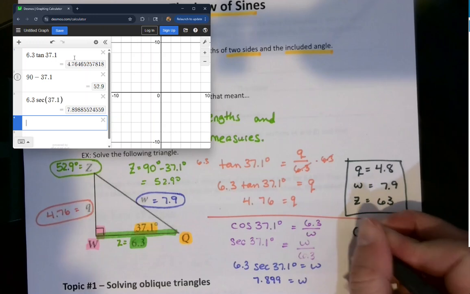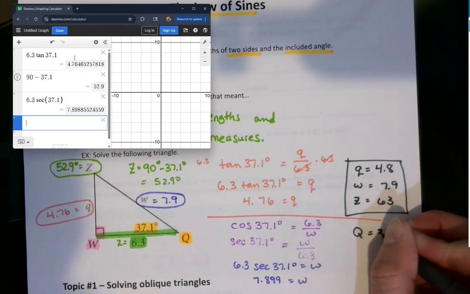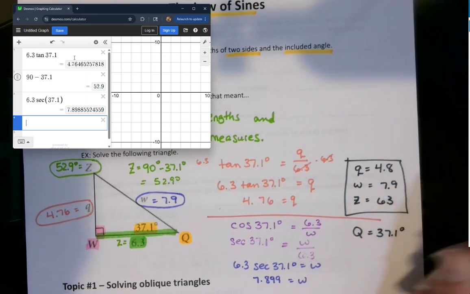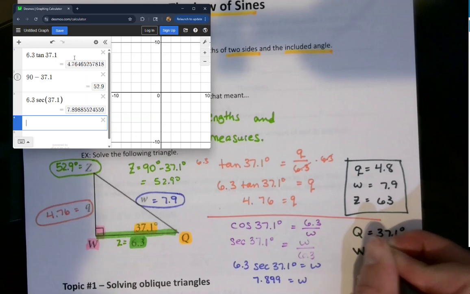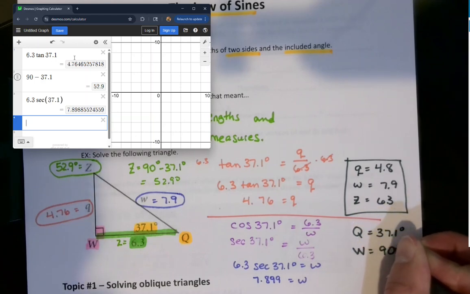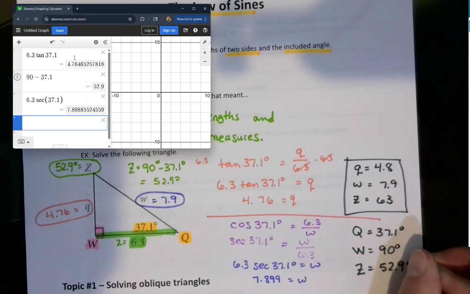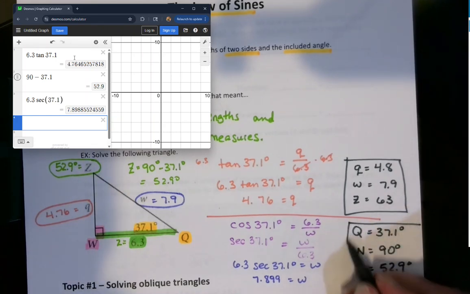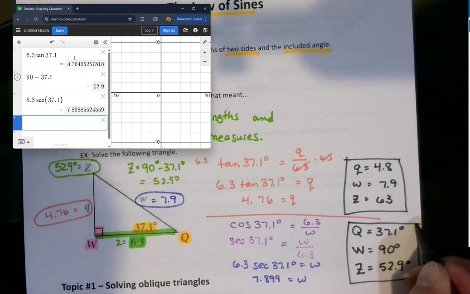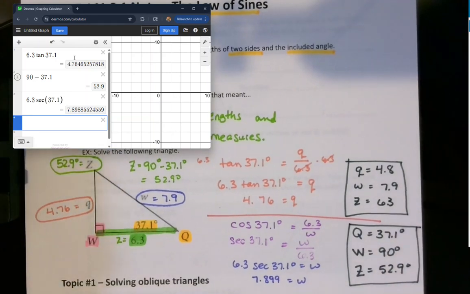And then our angles are 37.1 degrees, 90 degrees, and 52.9 degrees. A triangle is solved when you are able to know and list all three sides as well as all three angles.